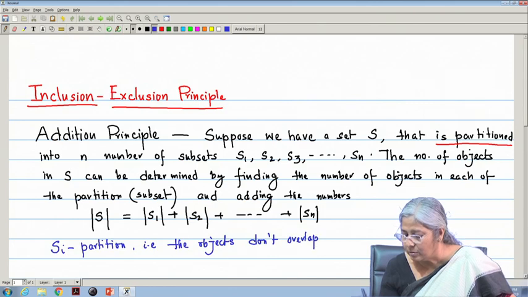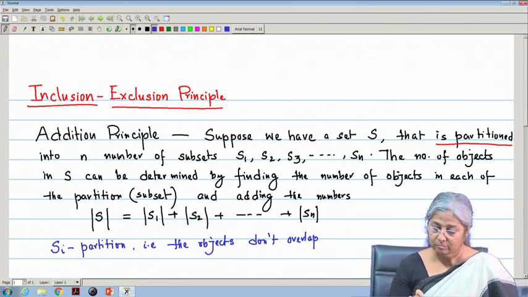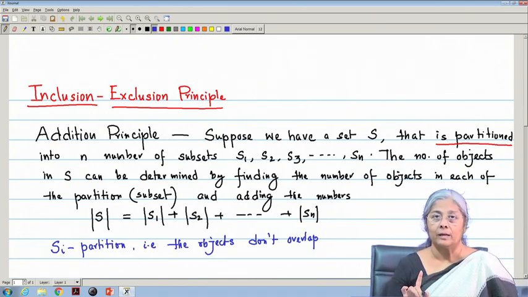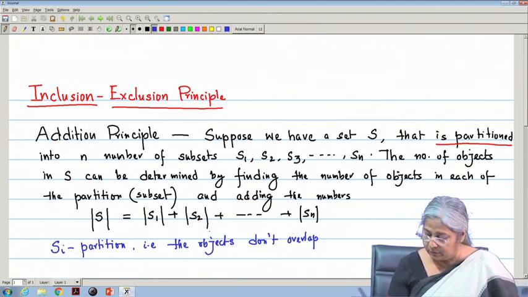So, one object in the set S will be in only one of the subsets Si.